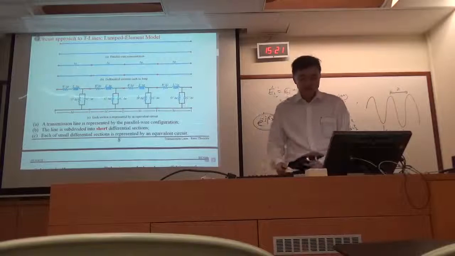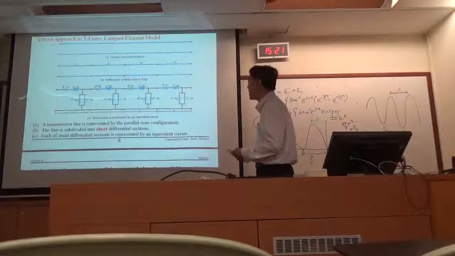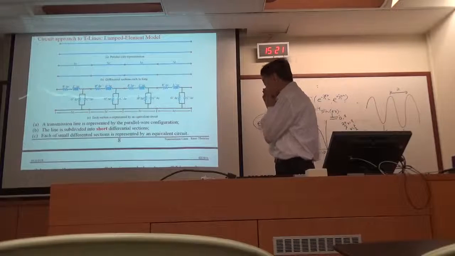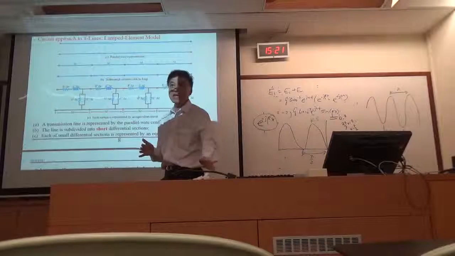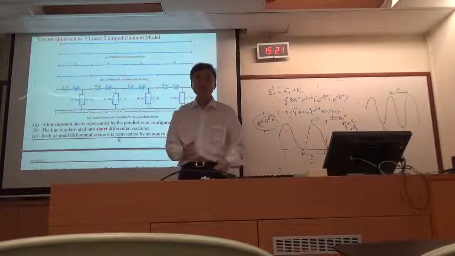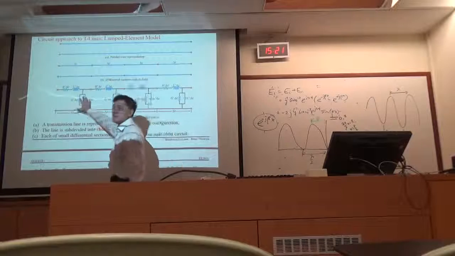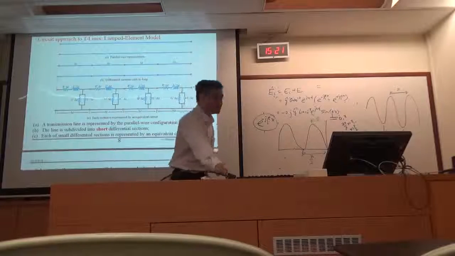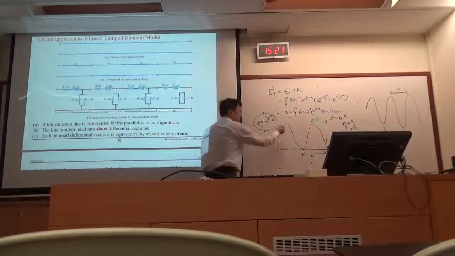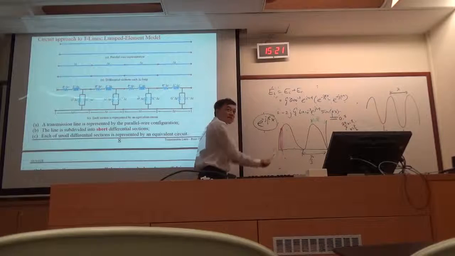All right. Now, how do we handle a transmission line? We cut the transmission line into many small elements, just like integration, remember, when you want to integrate, we cut it into small little segments and add them up, right?